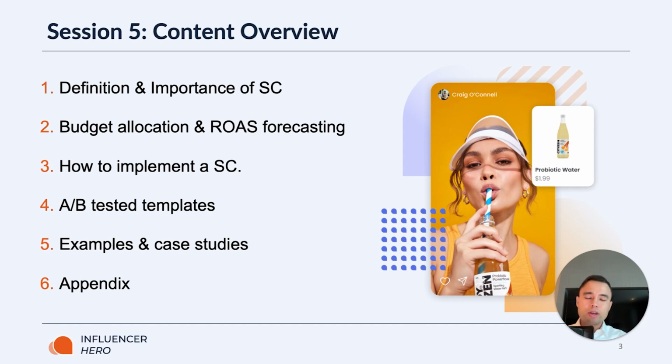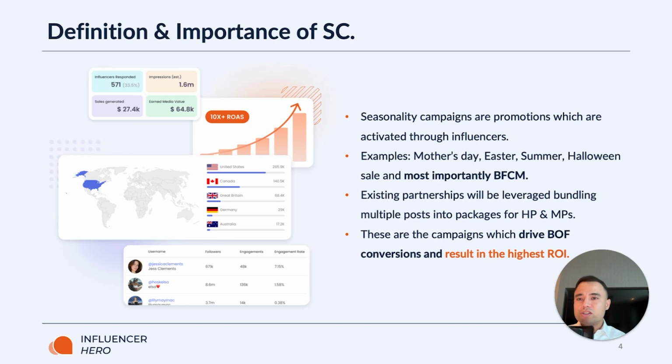Reporting itself will be covered in depth in a separate session, but we will lightly touch on this throughout this session because it's relevant for seasonal campaigns. Then we go through a step-by-step process on how to implement these campaigns using our A/B tested templates, as always. Then we have some examples and case studies to show how other brands have done this and how to be able to replicate the same. So let's start with the definition.